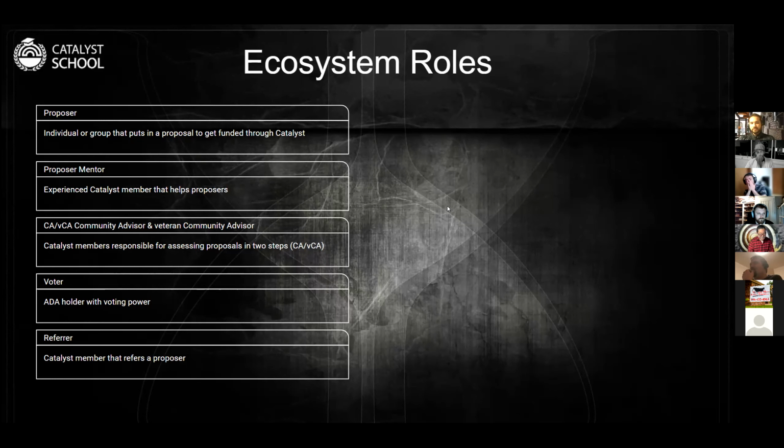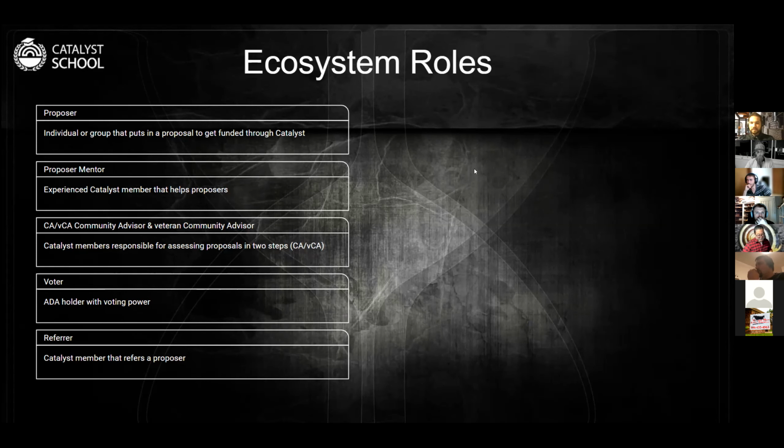So some go to CAs, some go to VCAs, some go to voters, and some go to referrers. I don't remember exactly the numbers, but 4% are for CAs, 1% for VCAs. I don't know how much it is for voters, but the remainder sums up to the other 10%.